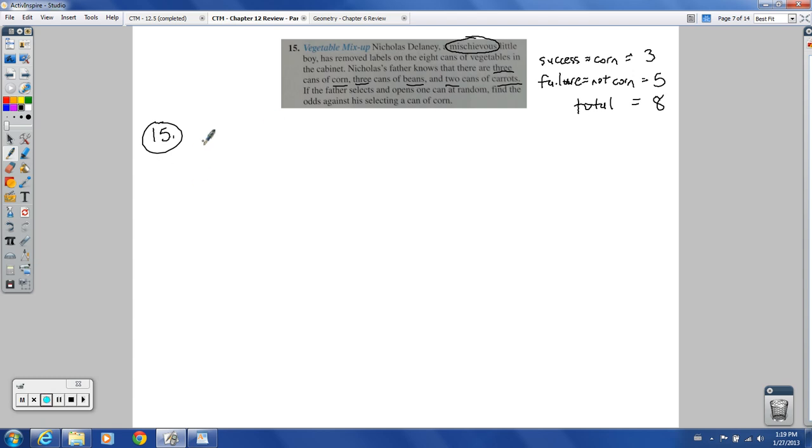So this one, what's the odds against corn? So odds against corn, the odds against, remember what you want goes on top, with odds against, sorry, it's failure over success. I'll get this right one of these times. It's failure over success. So what you want becomes the failure in a sense versus the success ways on the bottom.